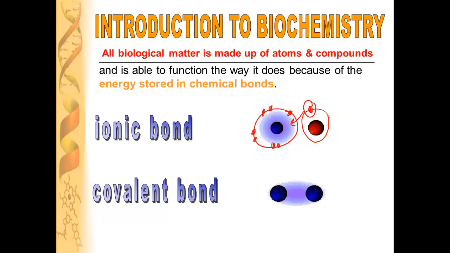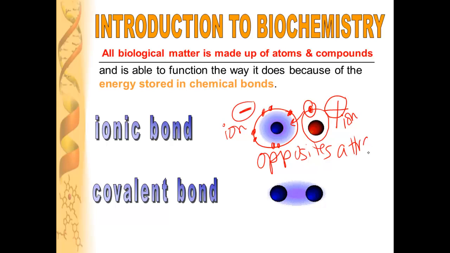What that does is make the metal a positive ion, positive because it's given away negative charges. And it makes the nonmetal a negative ion, because it has taken extra negative electrons. Now that the metal and the nonmetal are charged ions, they're opposites. And we all know that opposites attract.